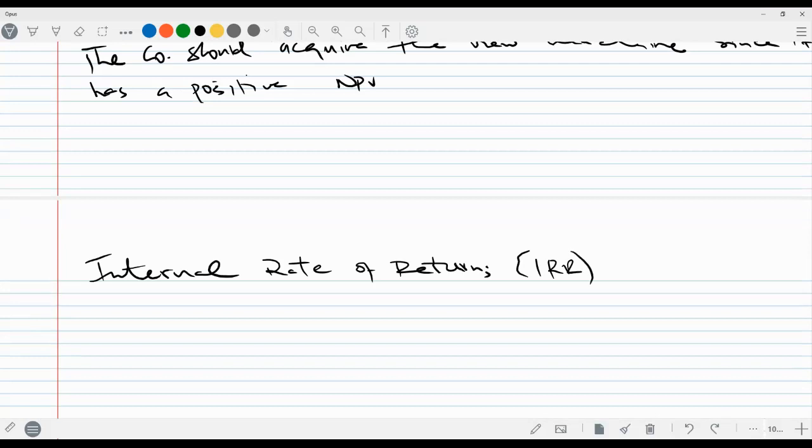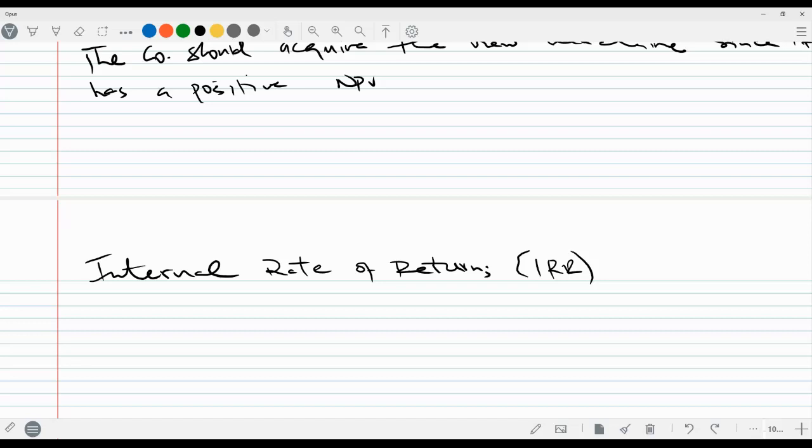It's a rate of return, the minimum rate of return that the project is going to yield to the owners of the business. That's how we define the IRR.